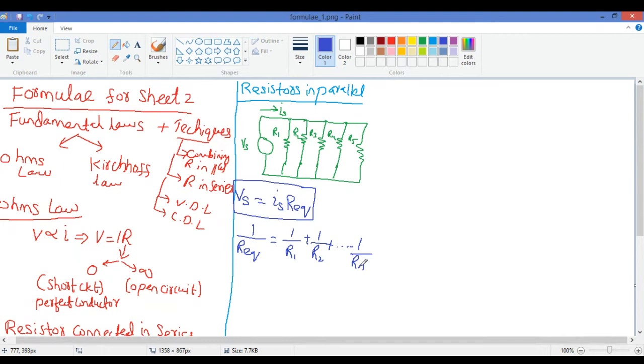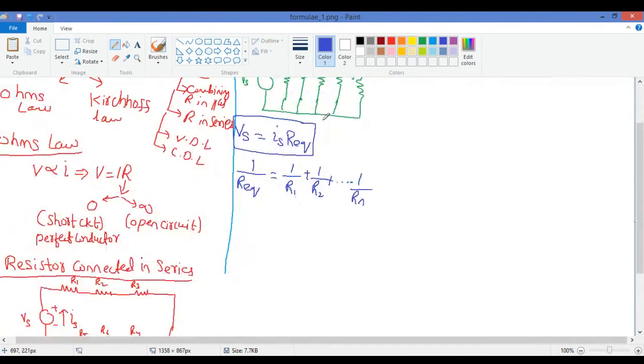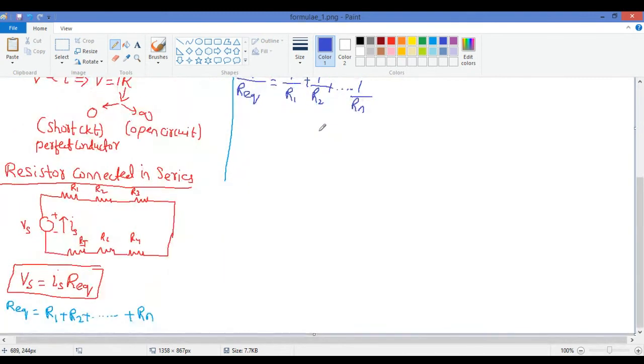This is the formula. Hope all of you understood up to here. Is it clear? Do you have any question or doubt? Clear, good.